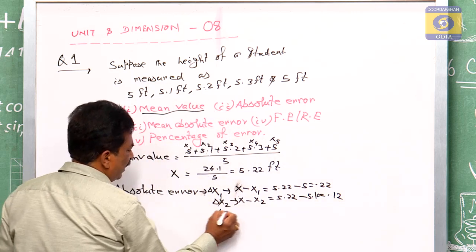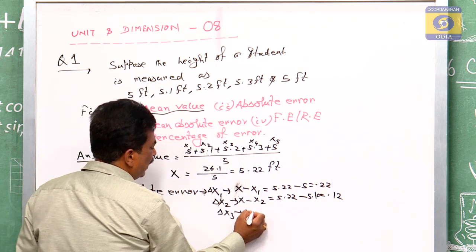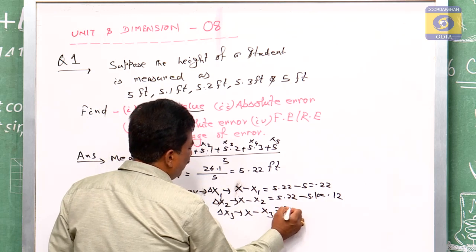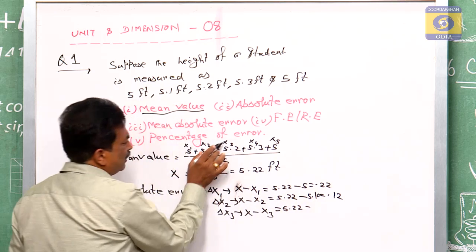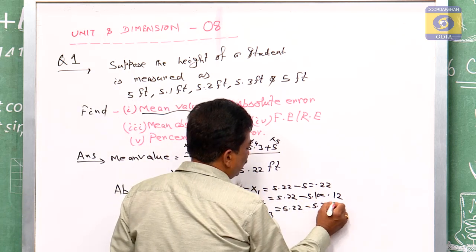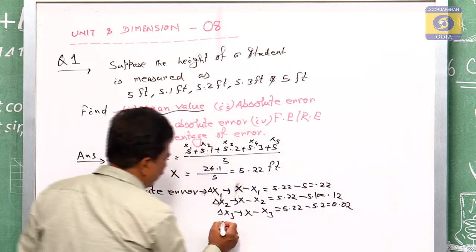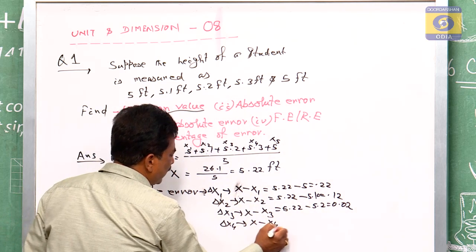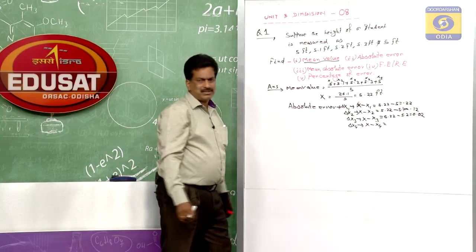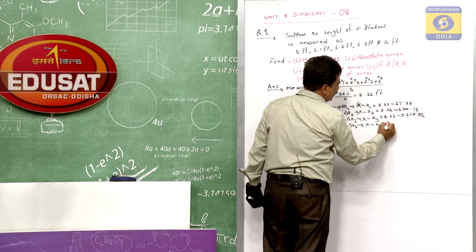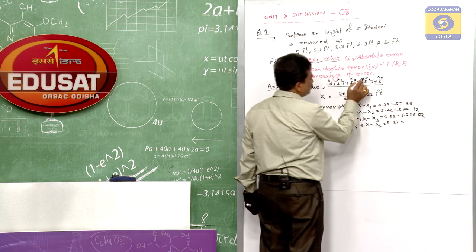Then for del x3, that is x minus x3, that is 5.22 minus. Which one is the x3, students? 5.2. So that is 0.02. Then del x4 is x minus x4. Are you following this? So x minus x4 is 5.22 minus what is the x4 value?